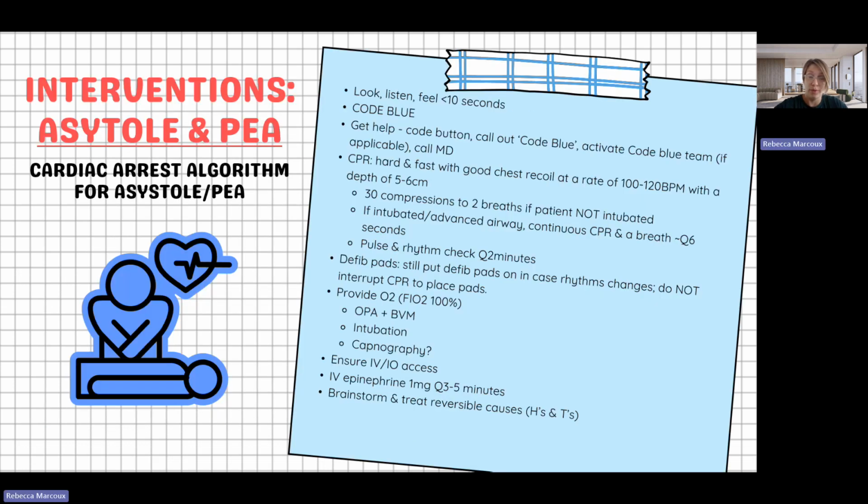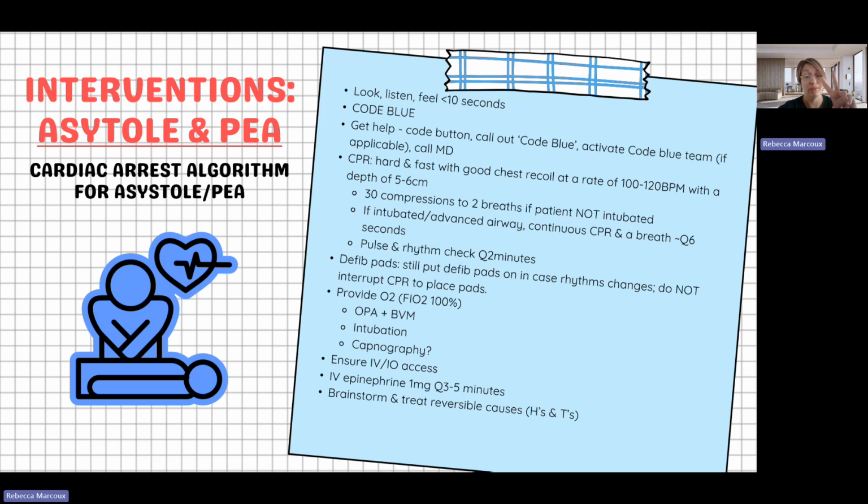And what do we do if a patient's in asystole or PEA? This is our usual BLS code blue situation. So this is our cardiac arrest algorithm. Again, we look, listen, feel, code blue, get help whatever way you can. CPR, we still put defib pads on in case the rhythm changes, but asystole and PEA are not shockable rhythms.